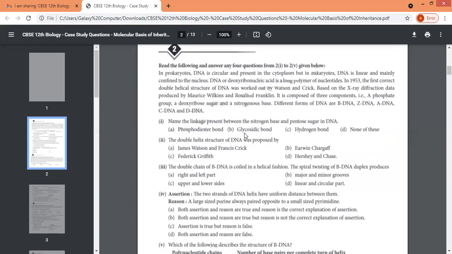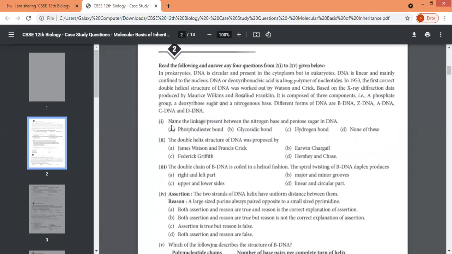In 1953, the first correct double helical structure of DNA was worked out by Watson and Crick, based on the X-ray diffraction data produced by Maurice Wilkins and Rosalind Franklin. It is composed of 3 components: phosphate group, deoxyribose sugar, and nitrogen base. Different forms of DNA are B-DNA, Z-DNA, A-DNA, C-DNA, D-DNA.